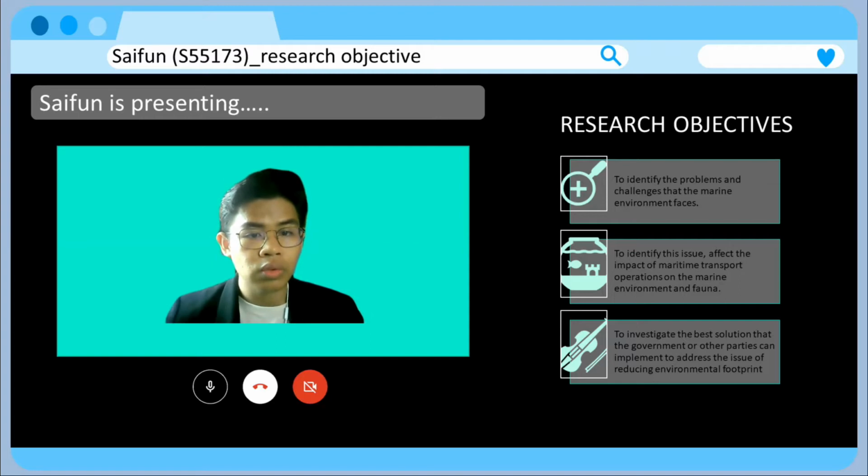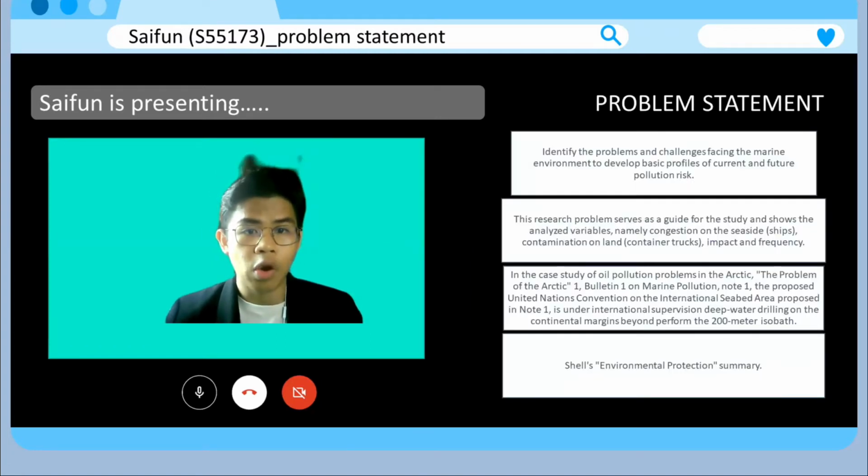Let's continue with the research problem. This research problem is to identify the problem that challenges the marine environment, developing a basic profile of the current and future pollution risk. This means the government went much further with the Arctic Water Pollution Act, which established the resolution to prevent pollution in a 100-mile zone in the Arctic.